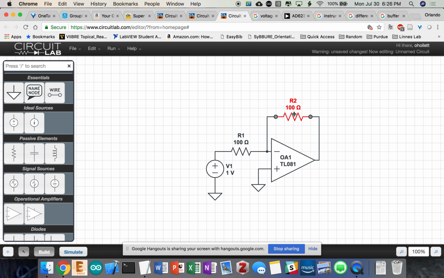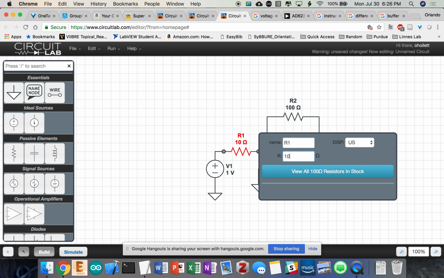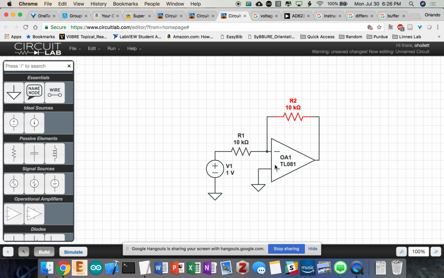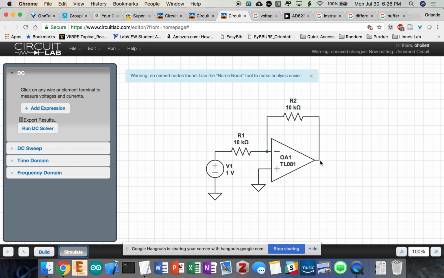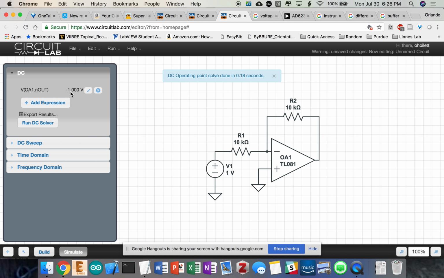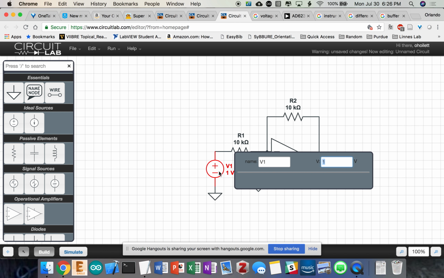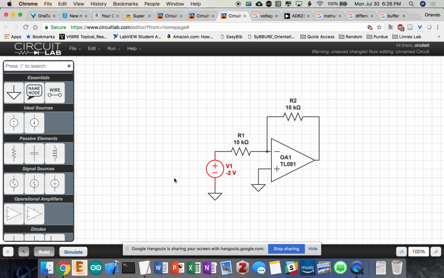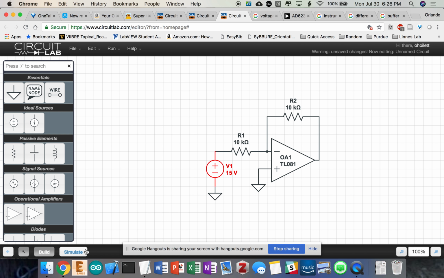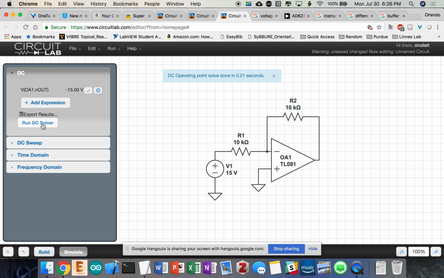It's one of the most common types. I'll make these a little bit bigger, 10K and 10K, and I'll let you know this has a gain of 1. I'll show you with the simulation. My input is 1, my output is also 1. Well, again, it has the gain of -1. That's the inverting part. And so if I make the input -2, it has a gain of -1, so the output should be +2. If my input is 15, it has a gain of -1, so it would be -15.